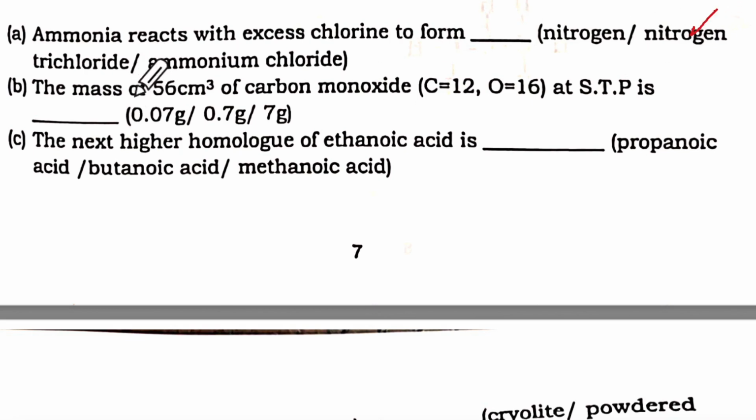Okay, the mass of 56 cm³ of carbon monoxide at STP. Now the gram molecular mass of CO is 12 plus 16, which is 28, right?